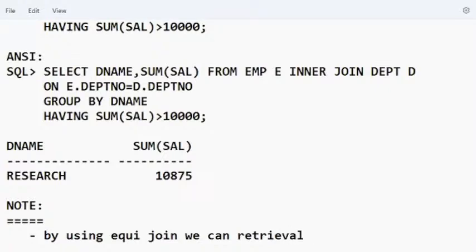Okay, we can retrieve matching rows, but not unmatching rows.